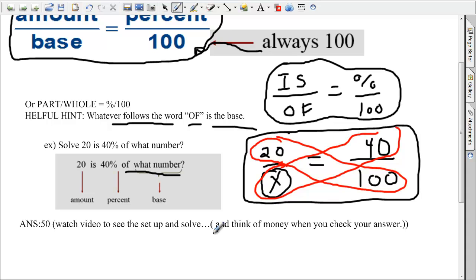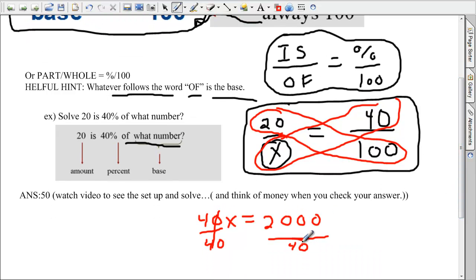So 40 times x is 40x, and 20 times 100 is 2000. And then of course, if you're solving for x, you're going to divide both sides by 40. And clearly 2000 divided by 40 is 50.